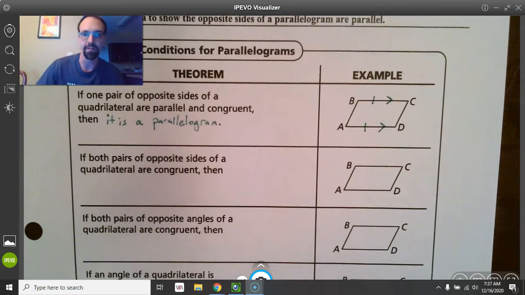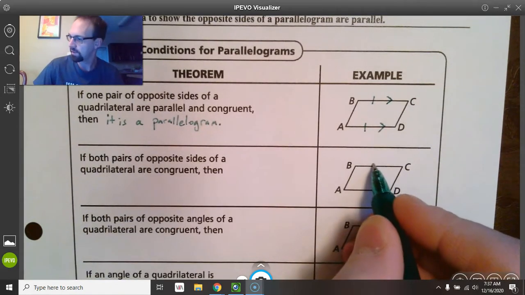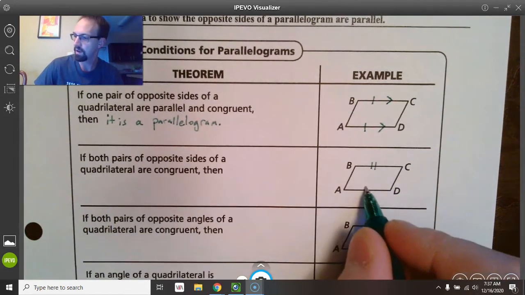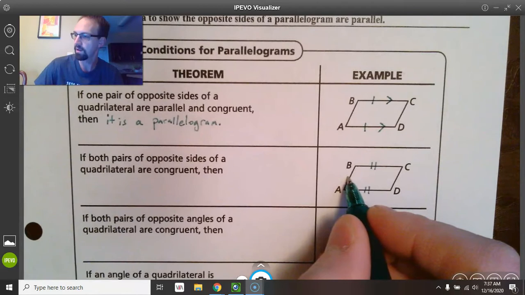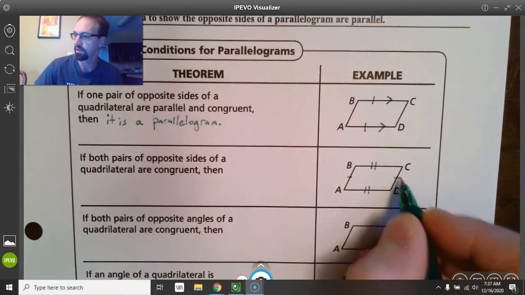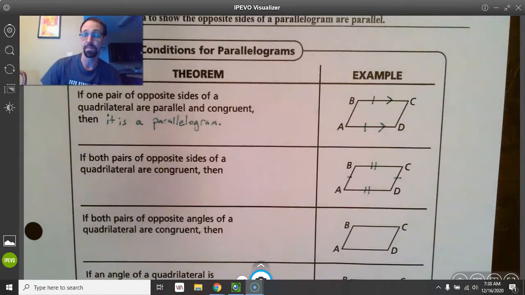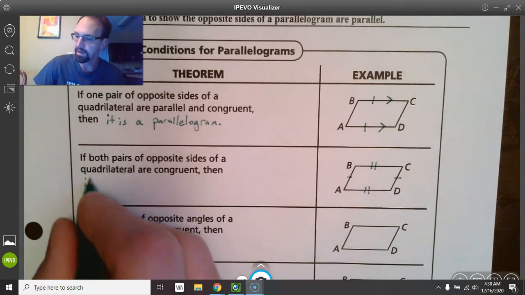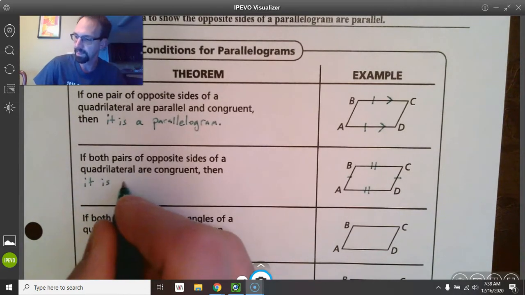If both pairs of opposite sides of a quadrilateral are congruent, so that means that I have this side congruent with this side, and this side congruent with this side. Notice that it says opposite sides, so the sides do need to be opposite. Then it is a parallelogram.